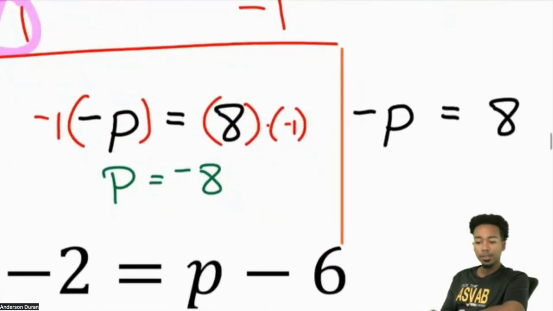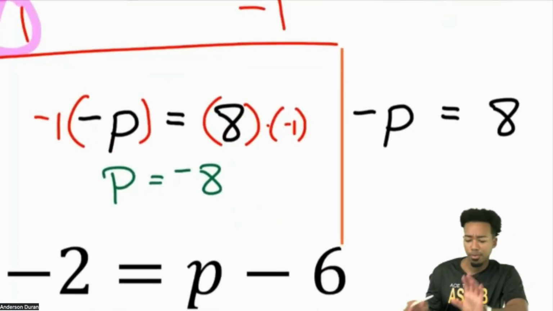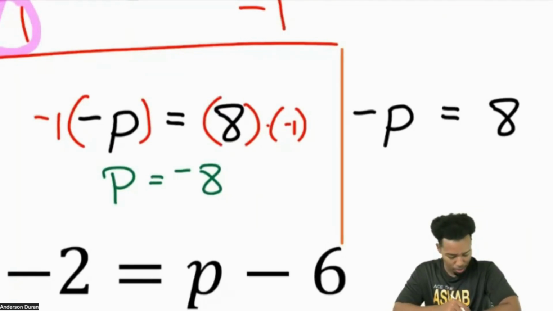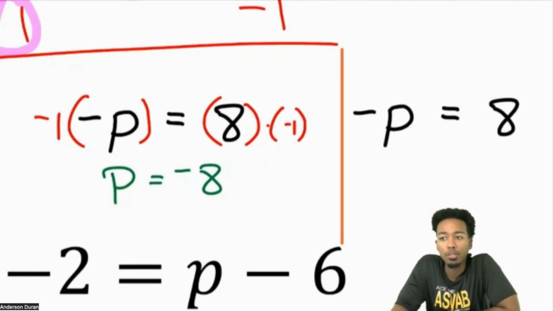Another thing is this. Just before I do this, I don't want to blow your minds, but a question, everybody. True or false, whatever you do to one side, you must do to the other. Right? That's a true.